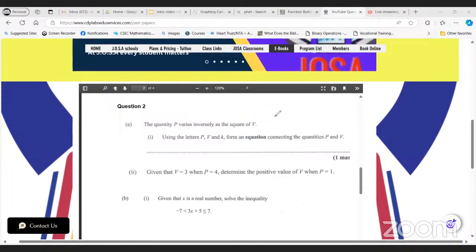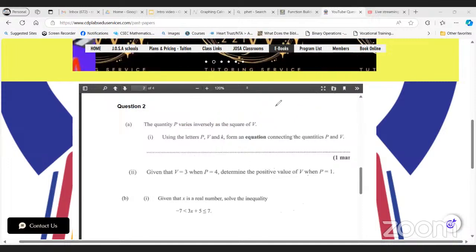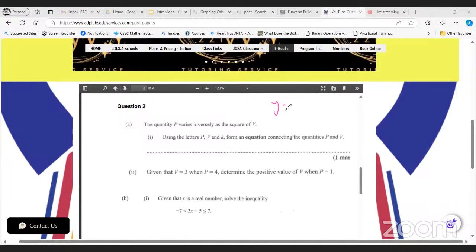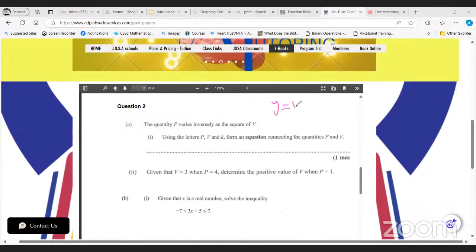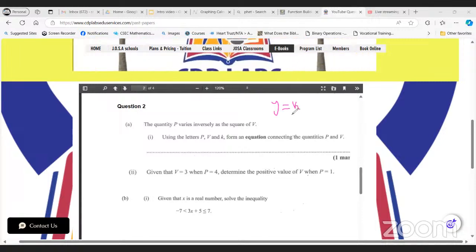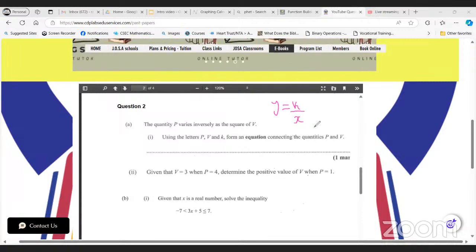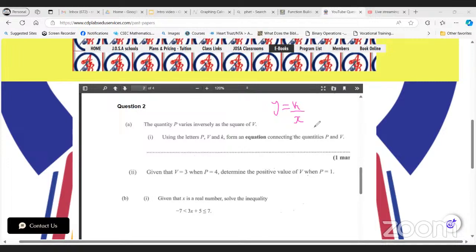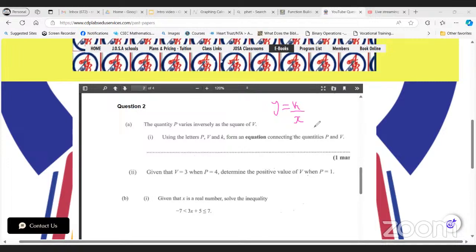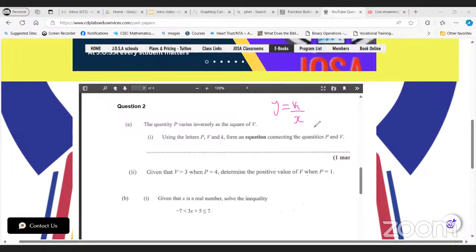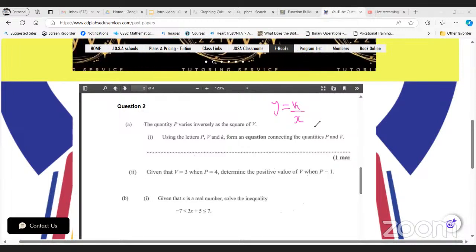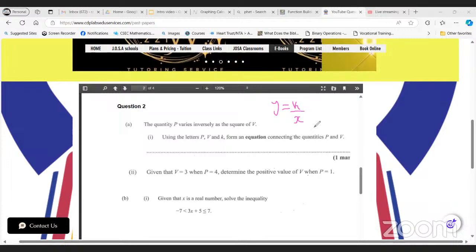You're going to have what we call y is equal to the constant k divided by the variable x. Good. So they ask, use the letters P, V, and K, form an equation connecting.